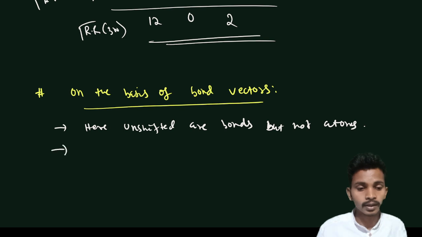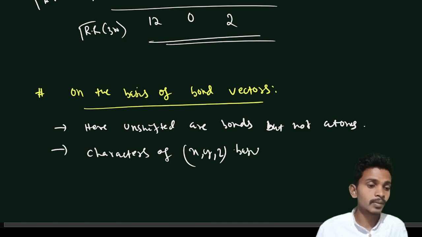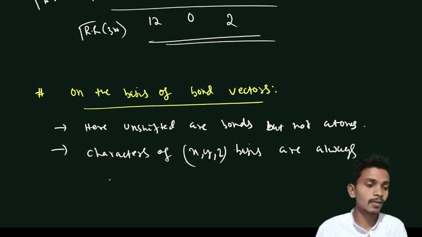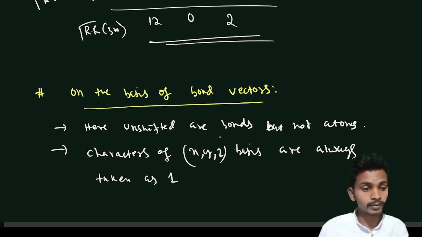And another thing: the characters of the X, Y, Z axis basis are always taken as one only. So that you have to remember.